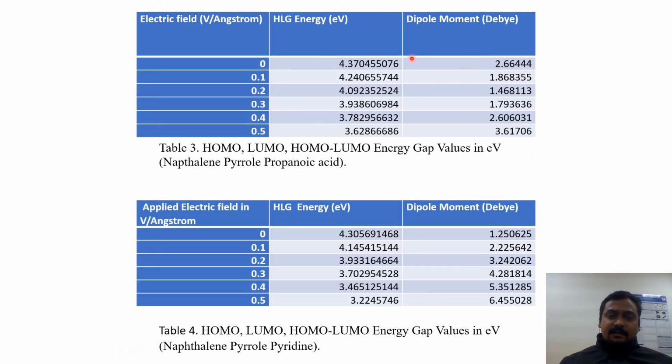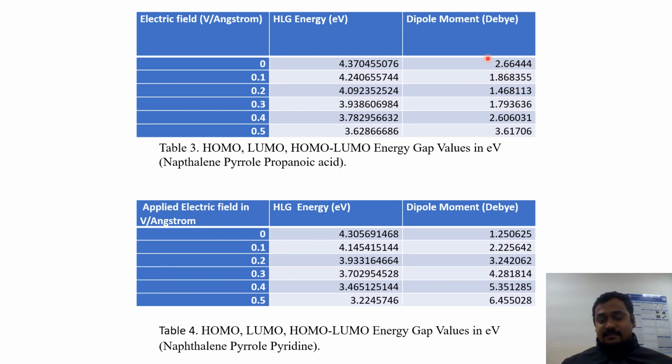These are my values for the gap energy. This is the band gap of the molecule at 0 volt per angstrom, 4.3, and with the increased electric field it is 3.6. That's one of the significances, that our electronic redistribution is happening in the expected way, and the molecule is behaving nicely in the external electric field, which is also justifiable from the dipole moment.